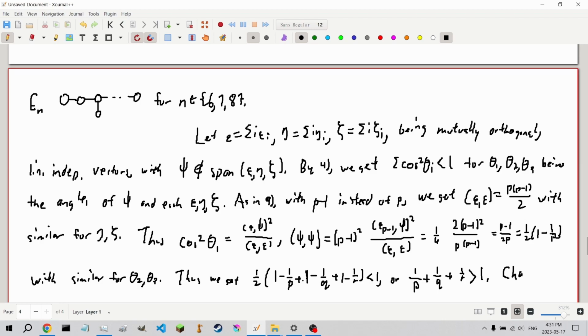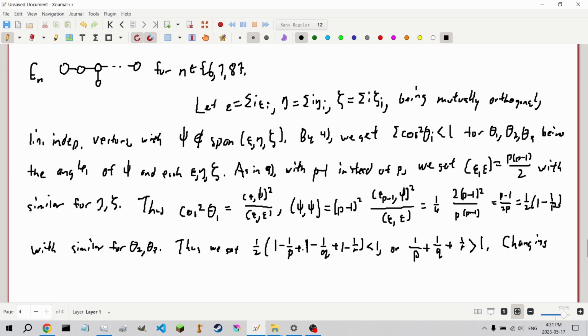Changing labels. By swapping labels around, assume, without loss of generality, that 1 over p is not greater than 1 over q is not greater than 1 over r.